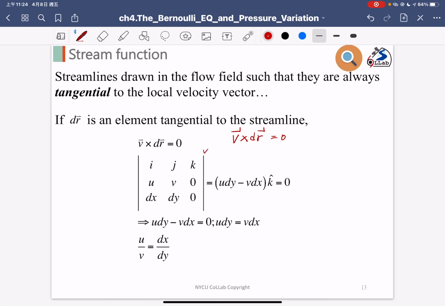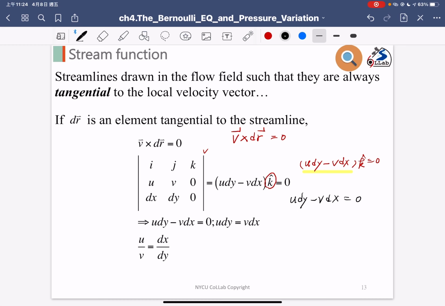So you can rearrange, and the final answer is u dy minus v dx along the k component, which will equal 0. That indicates the magnitude here also equals 0. So we can say that u dy minus v dx always equals 0.